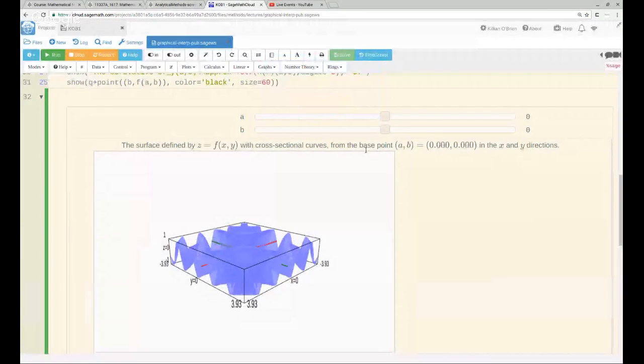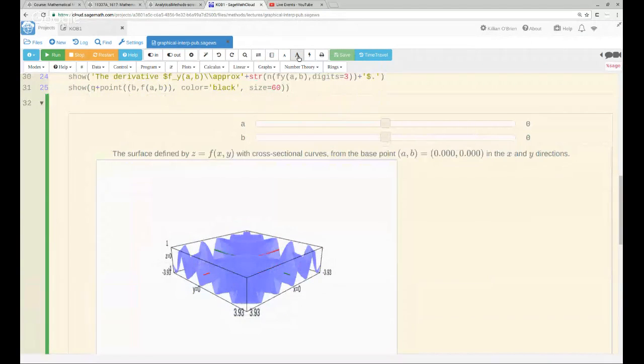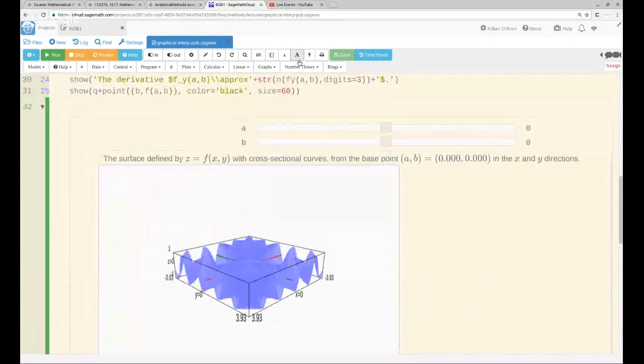Okay, so this is a computer demonstration which shows us how to think geometrically about these partial derivatives.